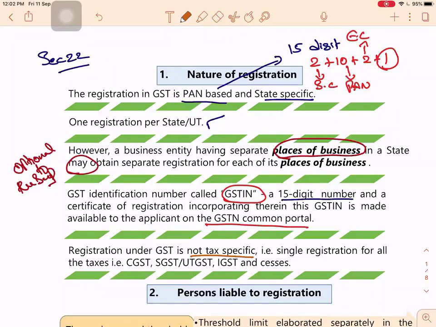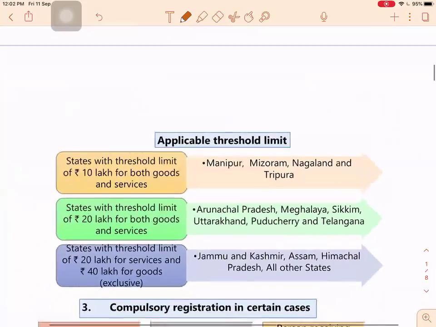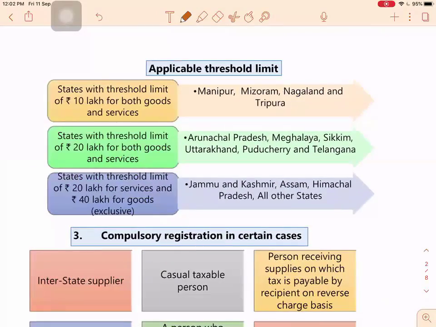Understood what I am saying? There is an applicable threshold limit that differs between states depending upon the economic conditions and geographical importance. On the recommendation of the GST Council, the government has divided the areas into these categories. Okay.